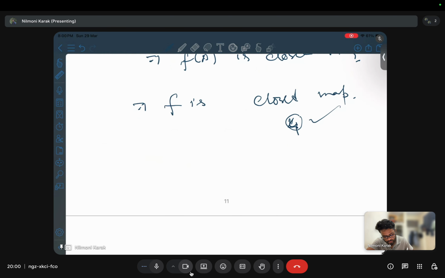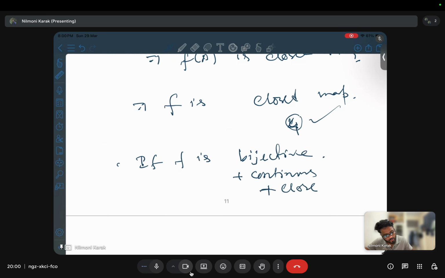And since f is closed, bijective plus continuous plus closed means f is a homeomorphism.